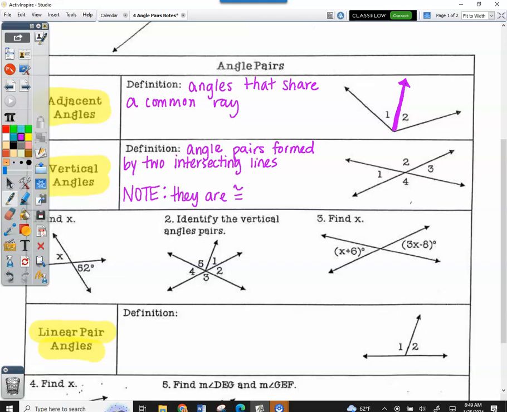Okay? Come to the picture. We got angles 1, 2, 3, 4. Where are the vertical angles? This is important. When the 2 lines cross, the pair of vertical angles are opposite of each other. So angle 2 is congruent to angle 4. They're back-to-back V's, if that helps. Angle 1 is congruent to angle 3.